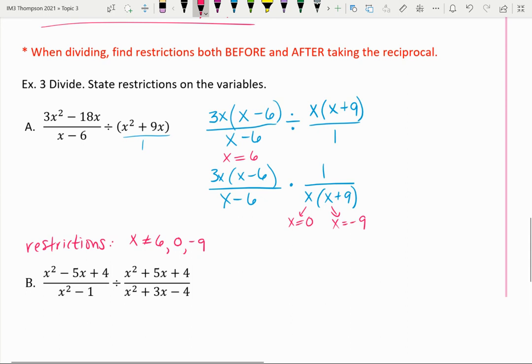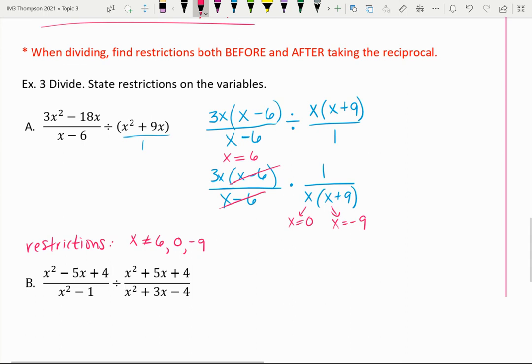Now I simplify. So the x minus 6's can cancel.